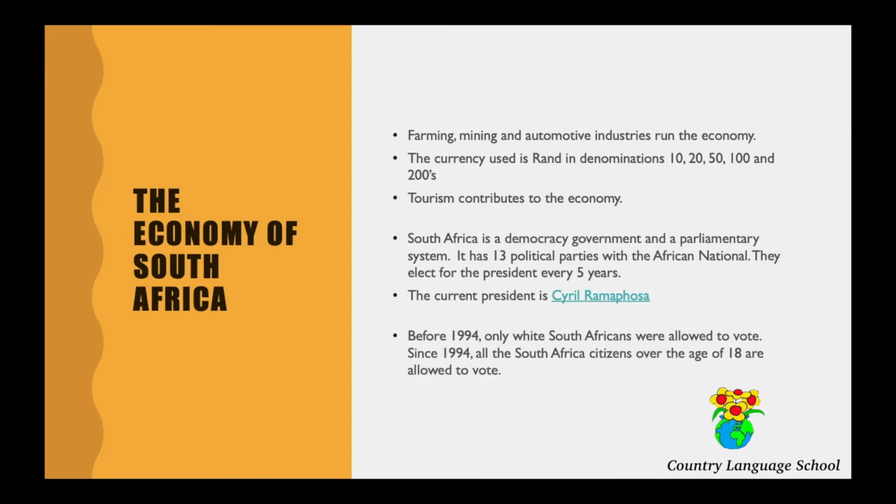However, since 1994, all South African people over the age of 18 can vote. So there was a really bad time when white people were treated well in South Africa, and black people were not treated equally as white people.